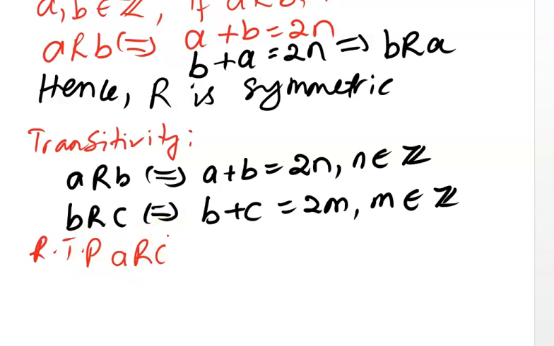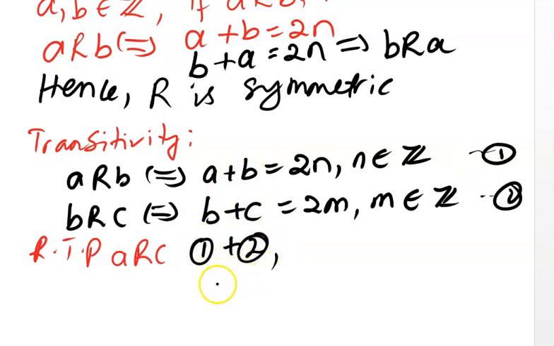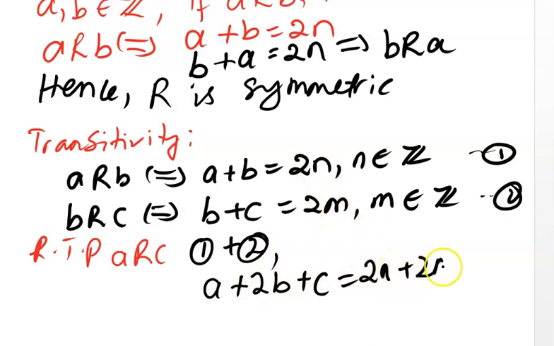Now, from this, I got equation 1 and equation 2. Let's add them and see what happens. Adding 1 plus 2, we have a plus 2b plus c is equal to 2n plus 2m.